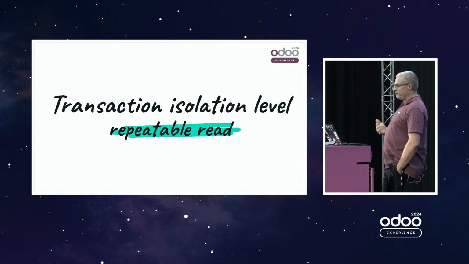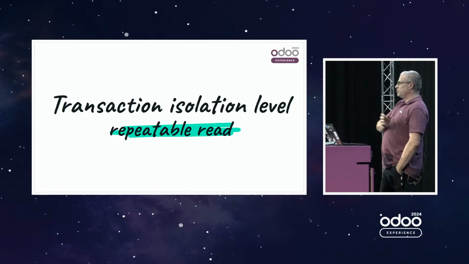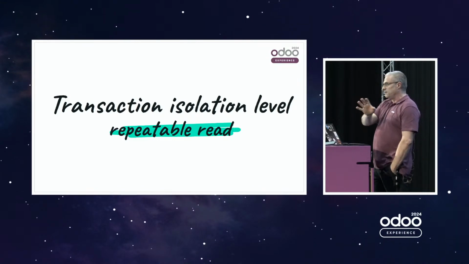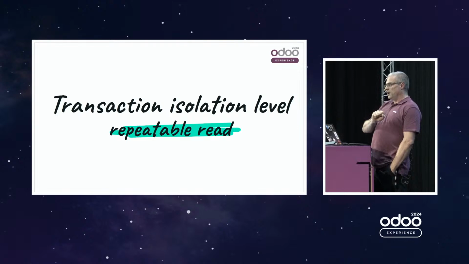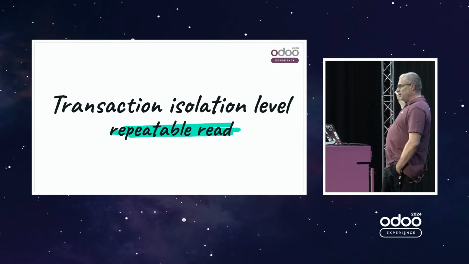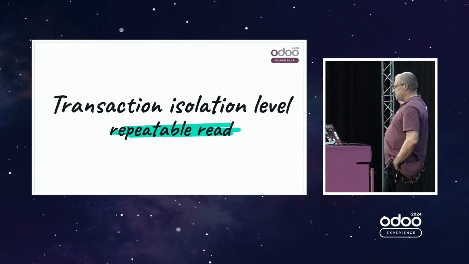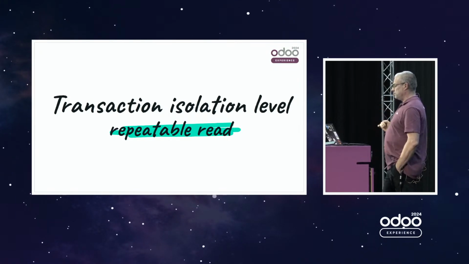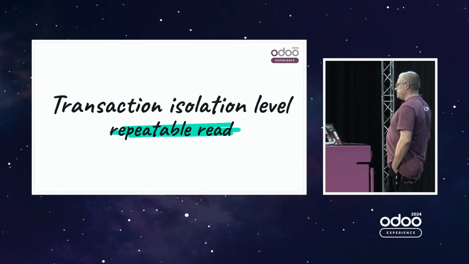You can have, from the lowest one, read uncommitted, so you are able to read data which is not even committed in the database, and you can go to the highest level, which is serializable. Serializable means each transaction is executed one by one. It's the safest and the slowest.